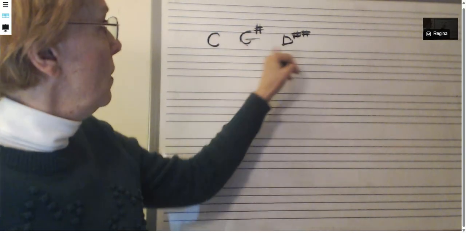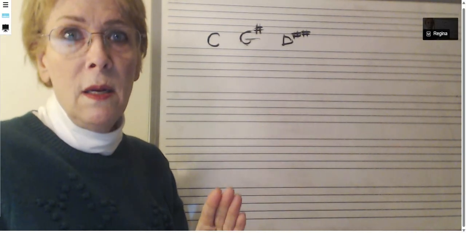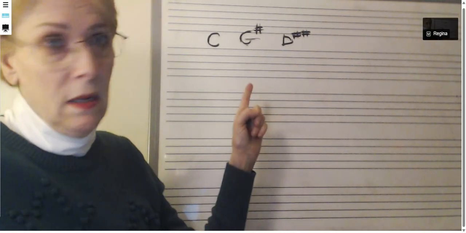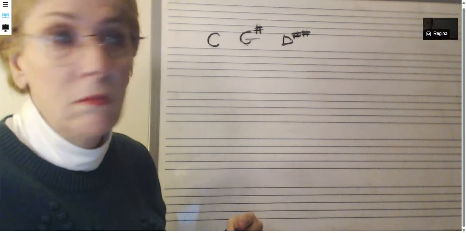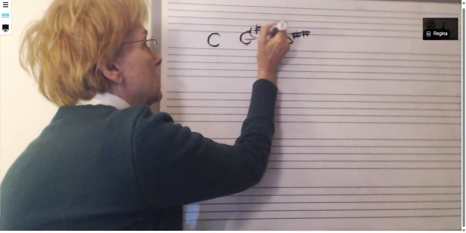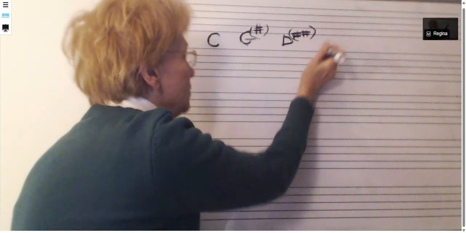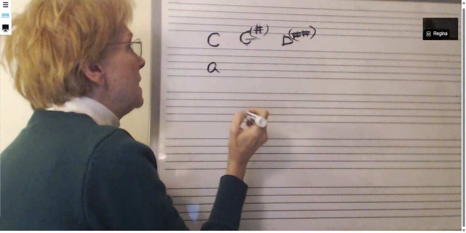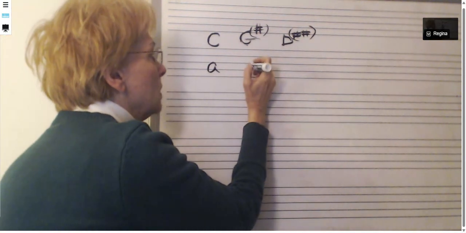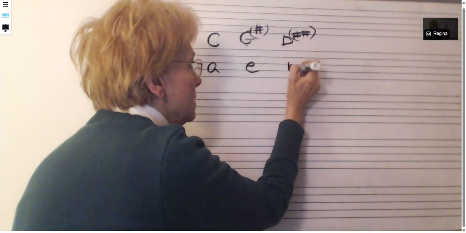So those are the two closely related major keys for G. Now also you've got the relative minors, okay? So I don't want you to think this means D double sharp minor or something major. Okay, so C, the relative minor is A, G, the relative minor is E, and for D, the relative minor is B.